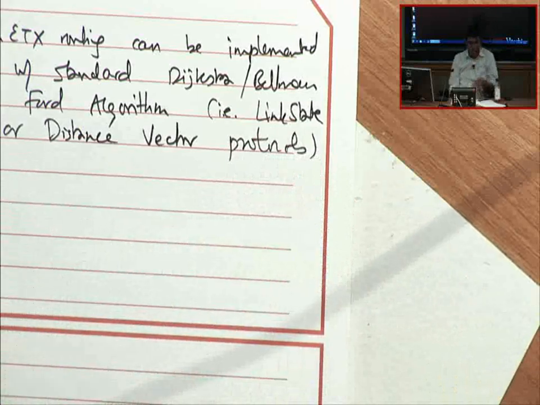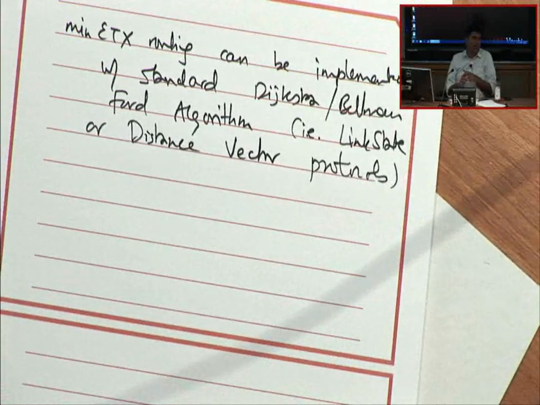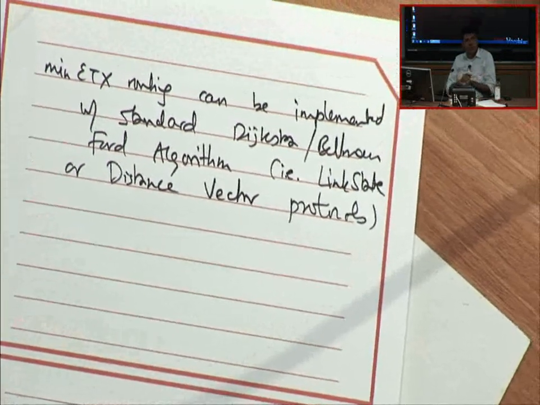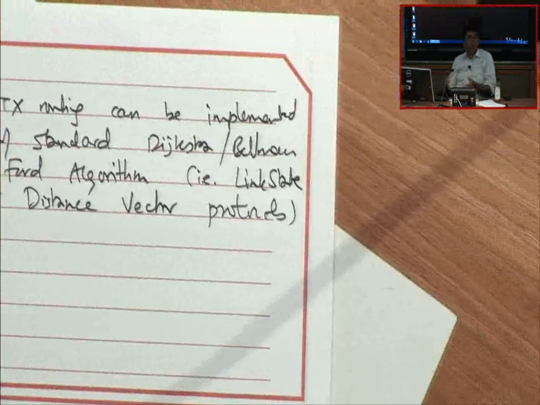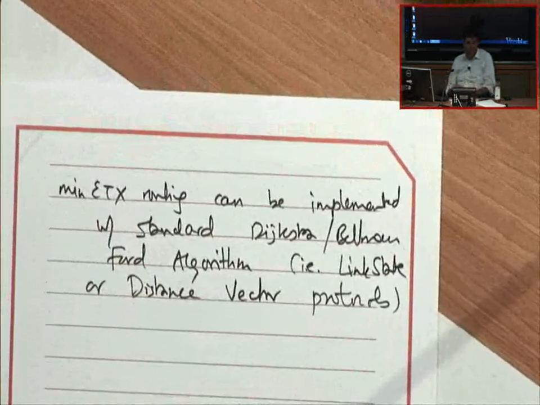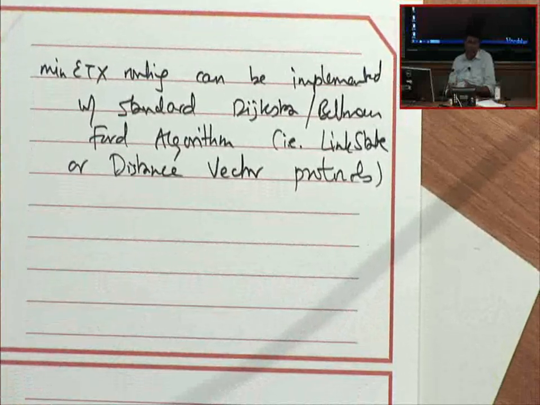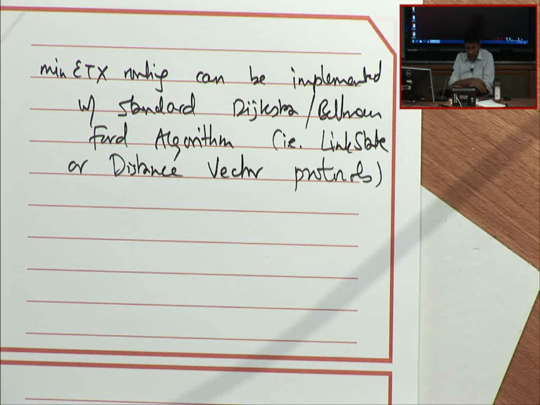Right? So you can take existing protocols like RIP or OSPF, and you just change the metric from just hop count to ETX. And so long as for every link, each node is able to maintain this quantity and has that available to it when it's making the routing decisions, you can create end-to-end routes in a static multi-hop wireless network that gives you many ETX routing.